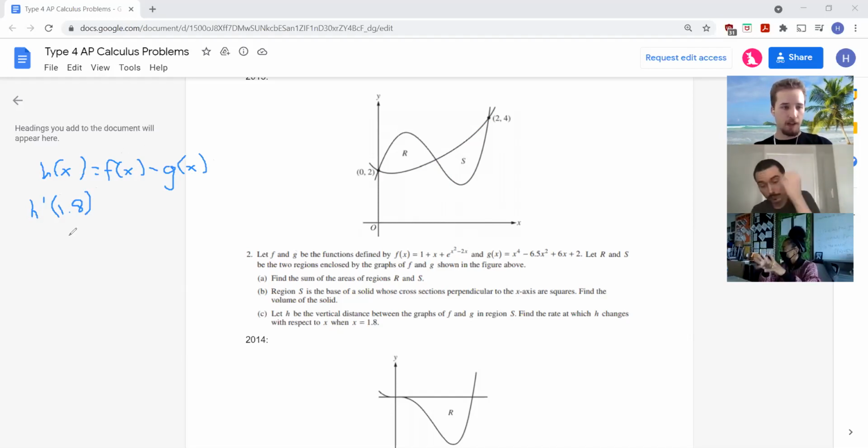So we just have to take the derivative of H of X. And so we can plug in. So let's get H of X first.